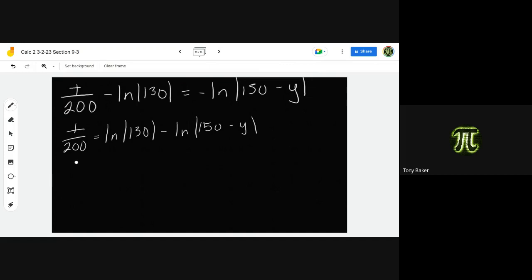Subtraction gives me what? Division. So I have ln of 130 divided by 150 minus y. And this is not going to help get my y by itself. All right, let's try a different way.